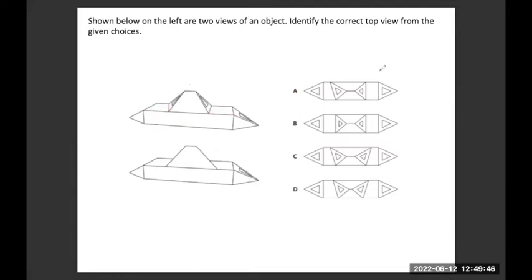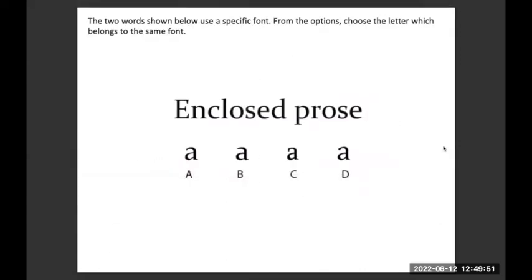All right. See, fairly simple question. What it says is, you're given the words "enclosed prose" written in one font style. You have to find the letter A which matches this particular font style.